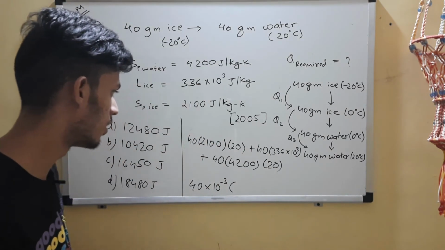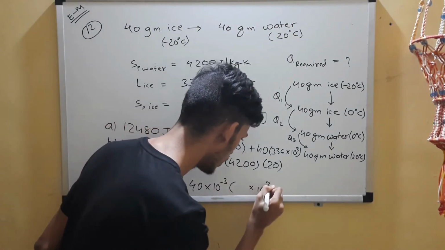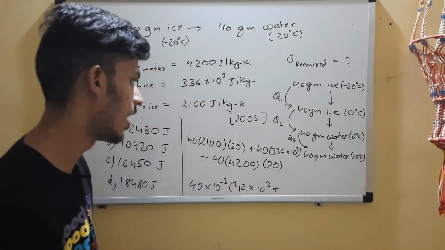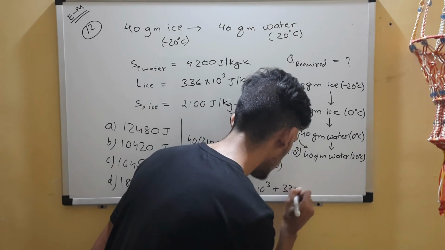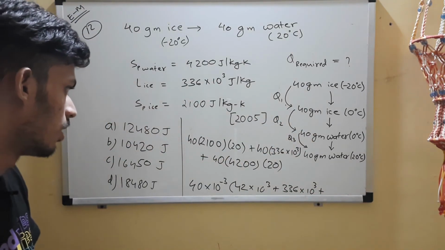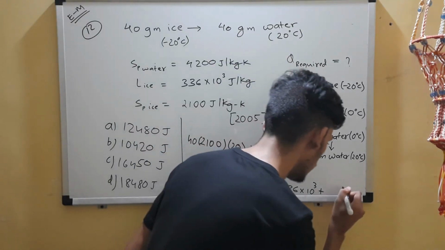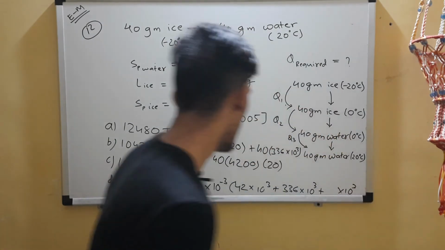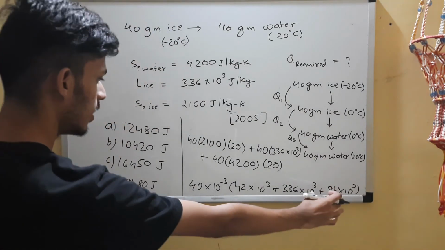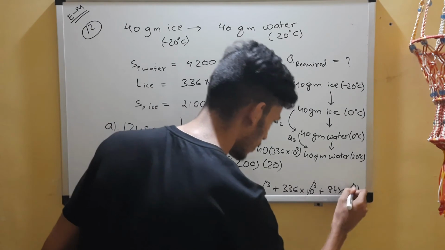So we are left with 3 zeros, so 10 to the power 3, 21 into 2, 42, plus here we'll have 336 into 10 to the power 3, plus here 40 has gone out, so these 3 zeros again, into 10 to the power 3, and here 42 twos are 84. This 10 to the power 3 can come out and will get cancelled, I can just cancel it out from everywhere.